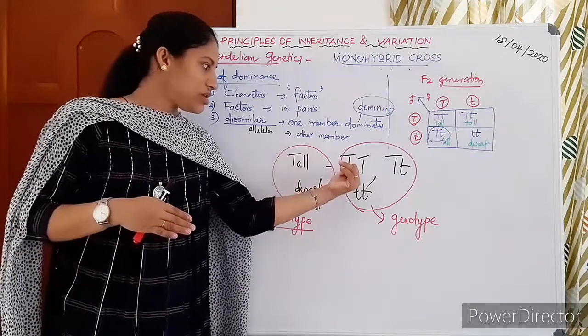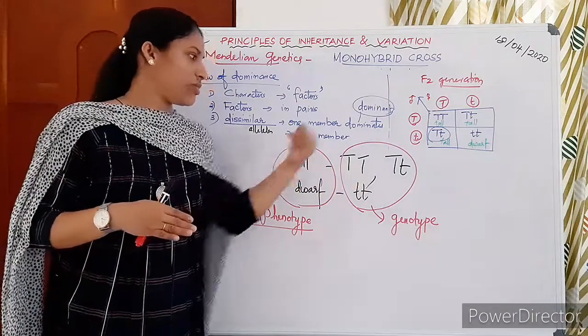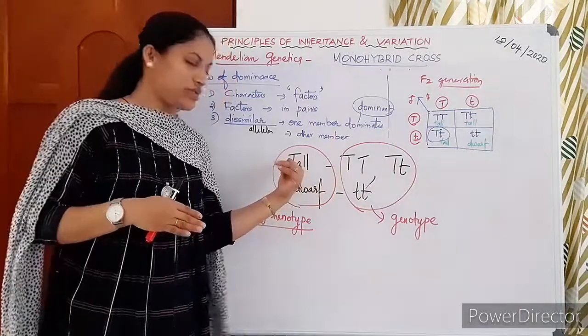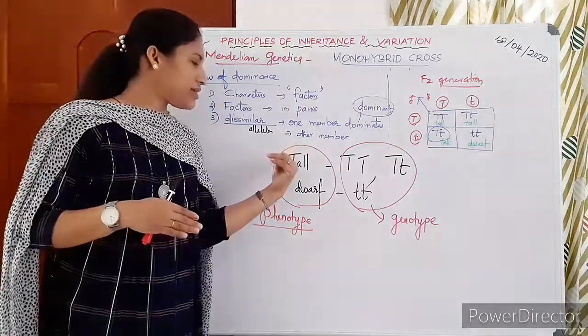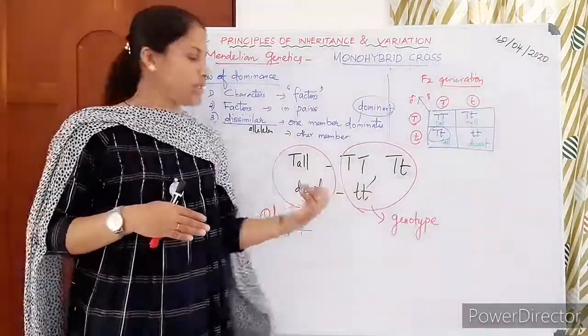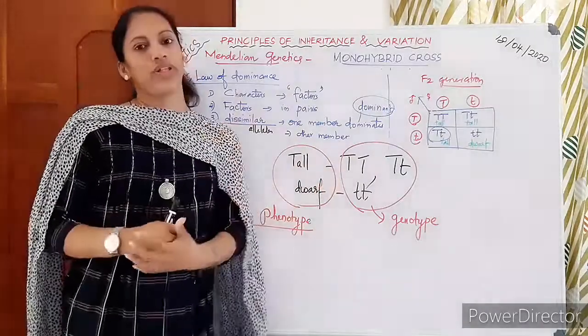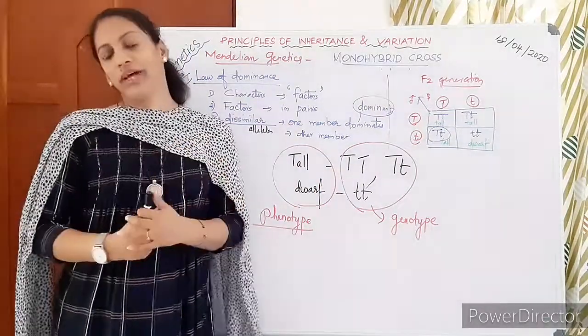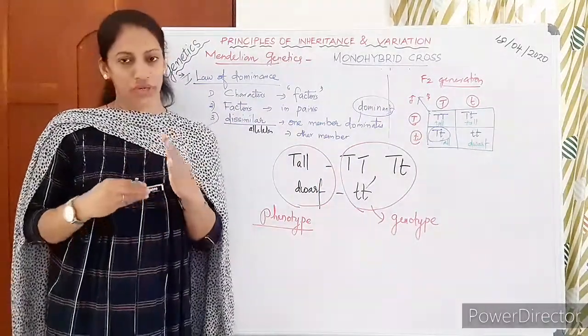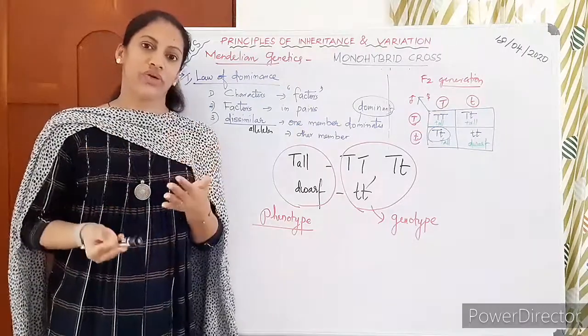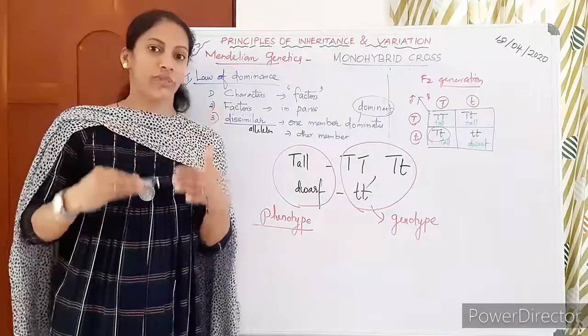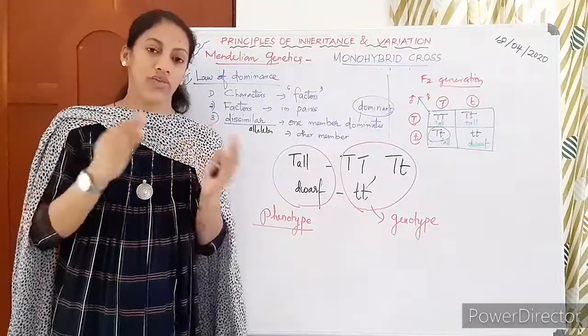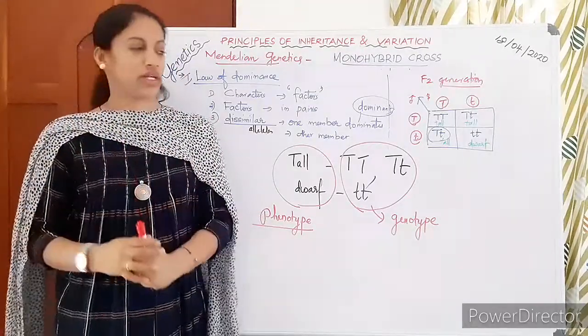This is genotype, this is phenotype. So the tall characteristic has two genotypes possible, and dwarf has only one genotype possible. Phenotype is the morphological expression of a trait, whereas genotype is the inner genetic makeup, whether the alleles are homozygous or heterozygous.